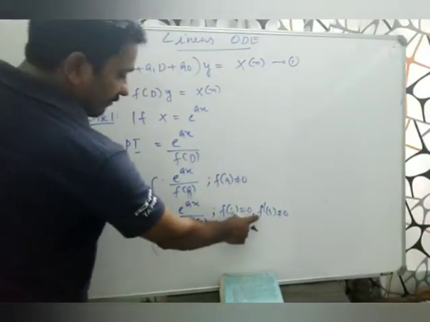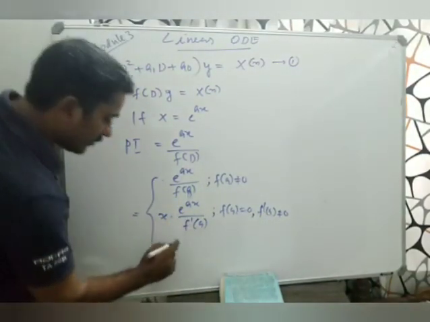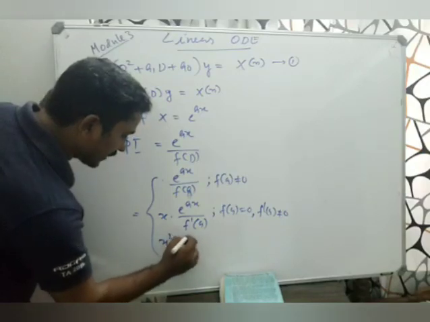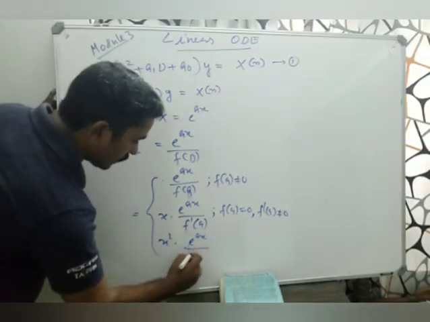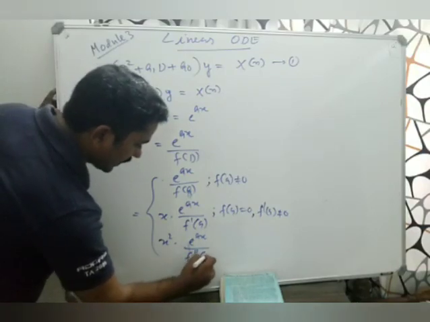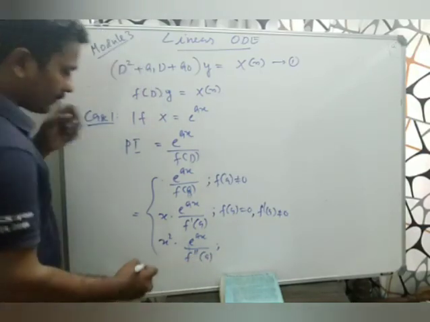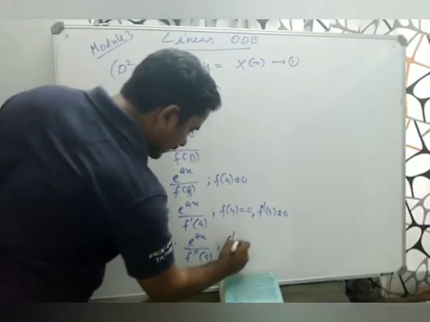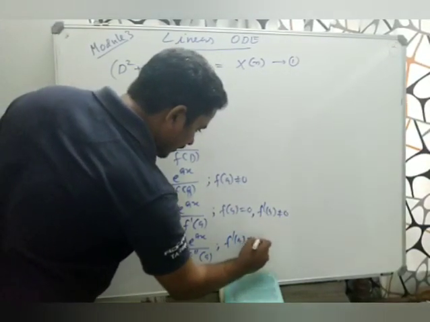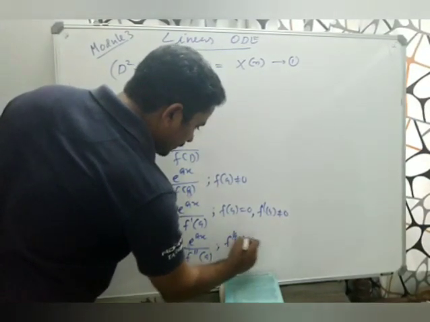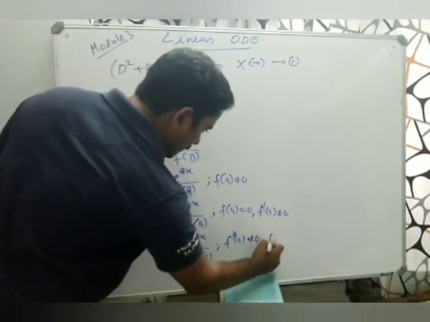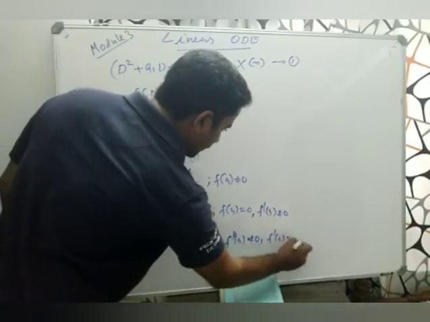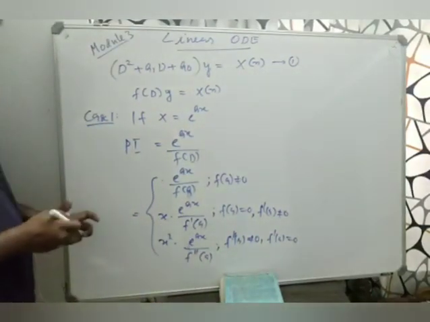And if f'(a) becomes 0, then you have to write one more x here, so x squared times e to the power ax over f''(a), and here the condition is f''(a) is not equal to 0. If f''(a) is also 0, you can continue this procedure.